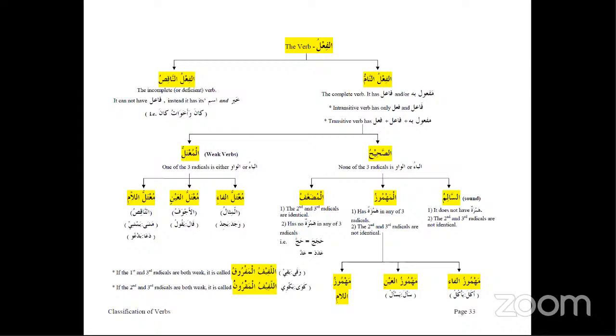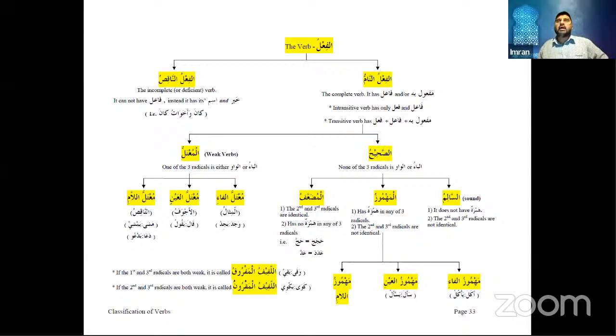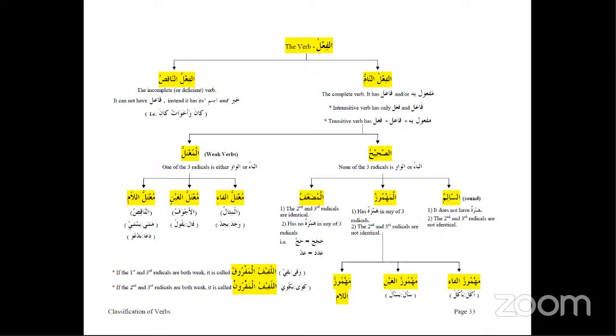Sheikh, so kana has only the past tense? There is no other tense for it? Kana comes in past, present, and imperatives, and sometimes it comes in negation, but it's treated as a defective verb. Okay, thank you. So Sheikh, in the present tense you would say yakun?